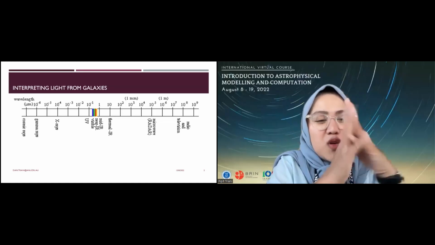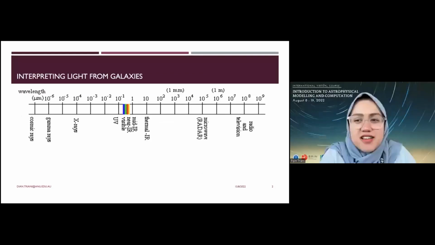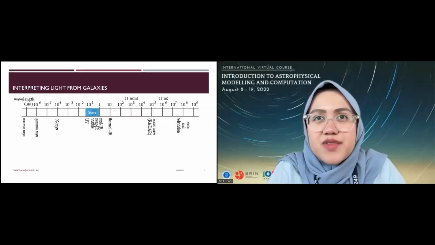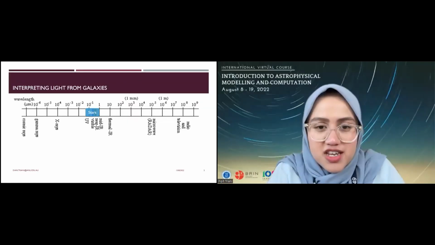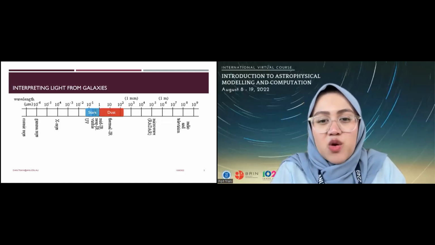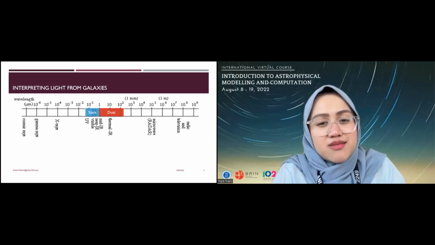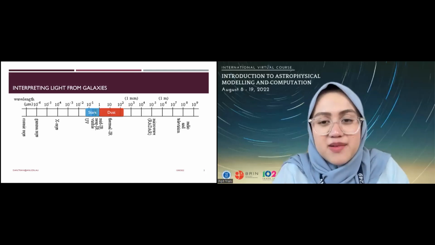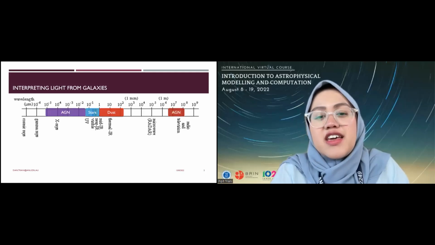So when we observe galaxies, we not only see the optical regime, but like we have talked before, there are observations from gamma rays to radio in galaxies. Now we know that the components of galaxies dominating the UV to mid-infrared regime are stars, while from mid-infrared to longer wavelengths, it's the cold dust.